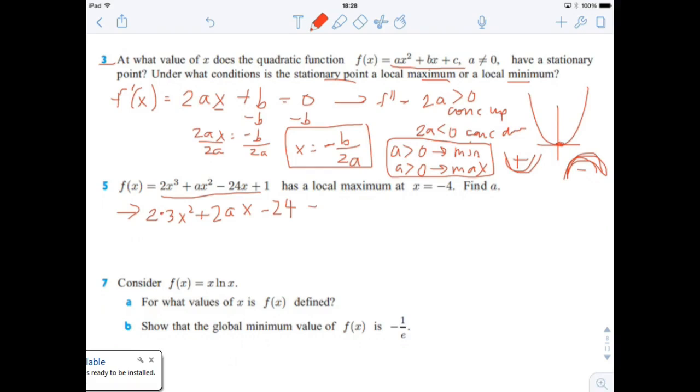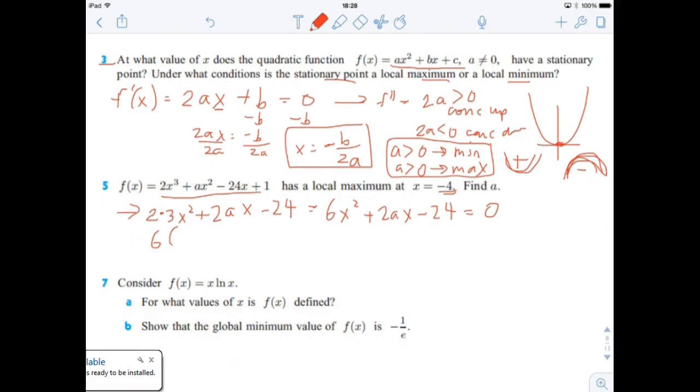And this can be simplified to 6x squared plus 2ax minus 24. And you can set that equal to 0, and then we're going to find the stationary point. We already know that one of the stationary points is x equals negative 4. So knowing that, maybe we can figure out what a is.